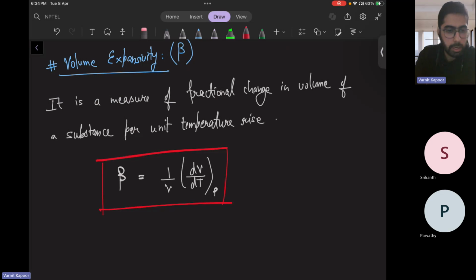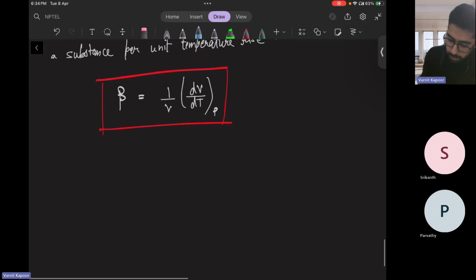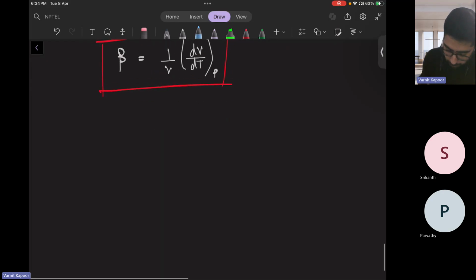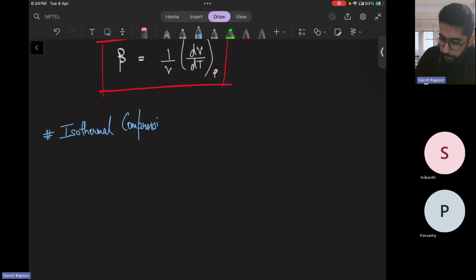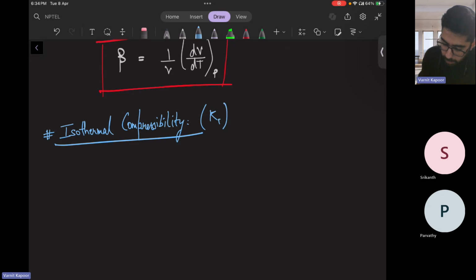Now let us come to isothermal compressibility. It is denoted by KT. It's basically defined by the fractional or differential change in the volume due to change in pressure.